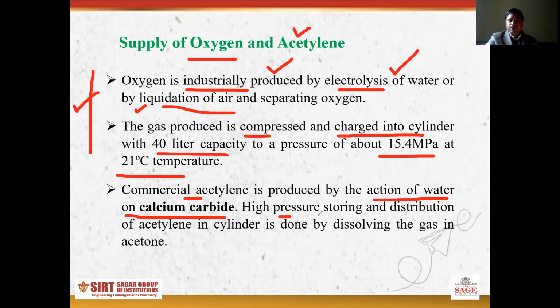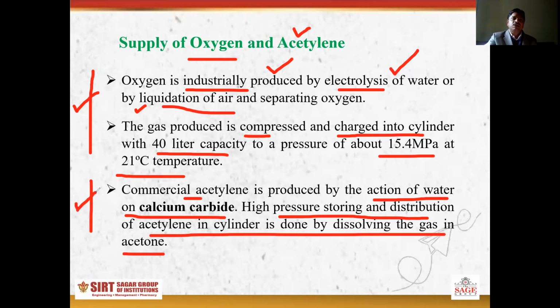And generally the high pressure storing and distribution of acetylene in the cylinder is done by dissolving the gas in acetone. So these are the details of the supply of the oxygen and acetylene gases.